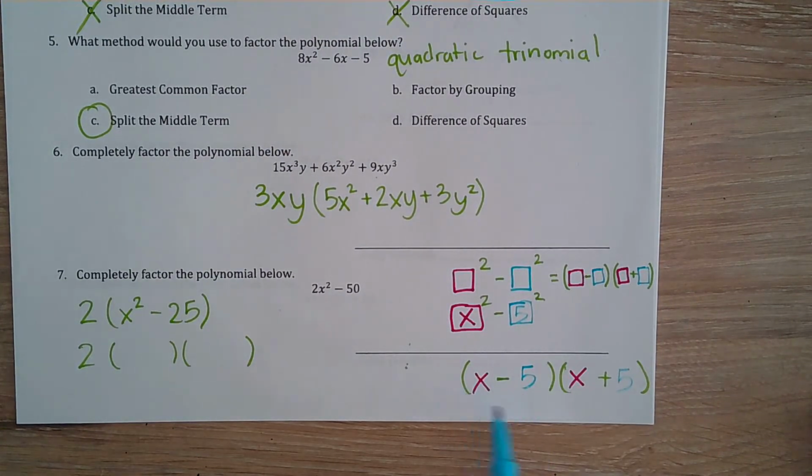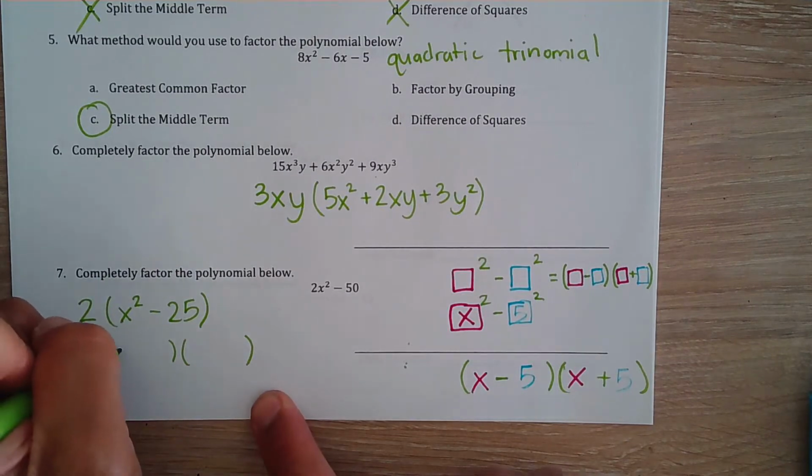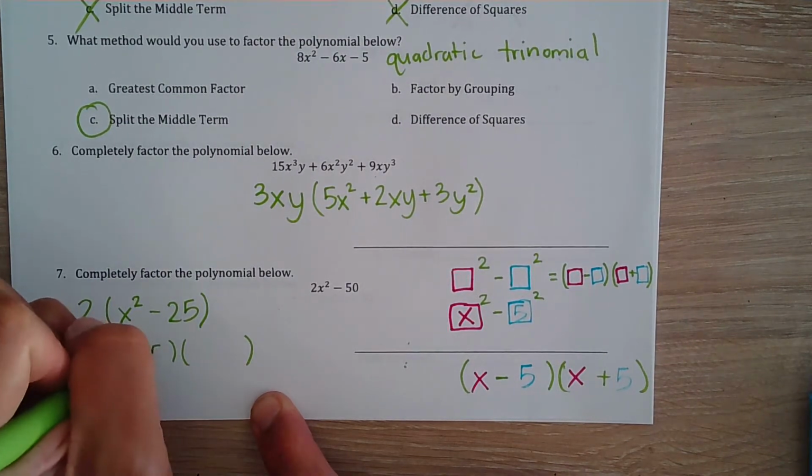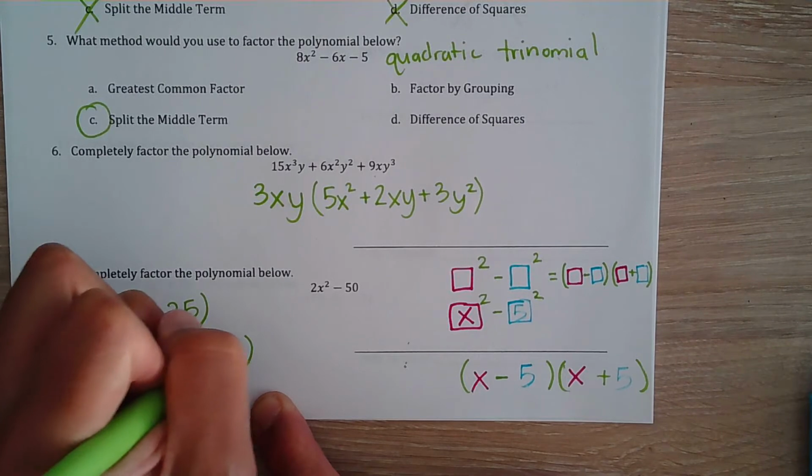And so now we've figured out how to factor that difference of squares, that x squared minus 25. So in this blank and this blank, we literally write this and this. All right, so let's go ahead and do that. Our final answer is x minus 5, x plus 5.